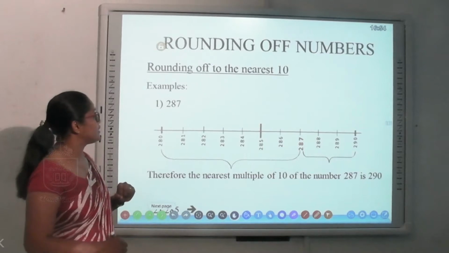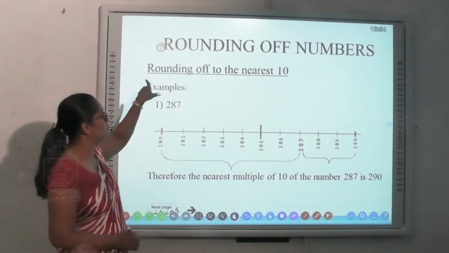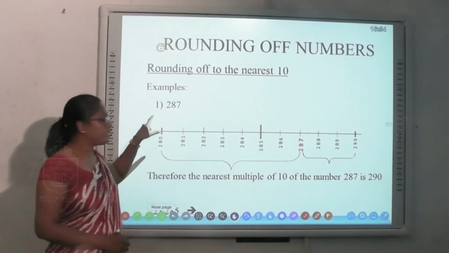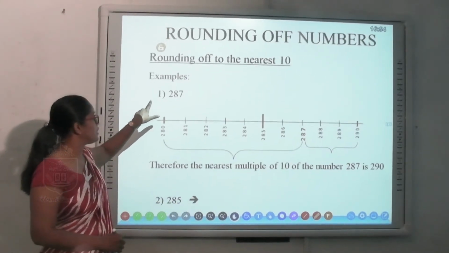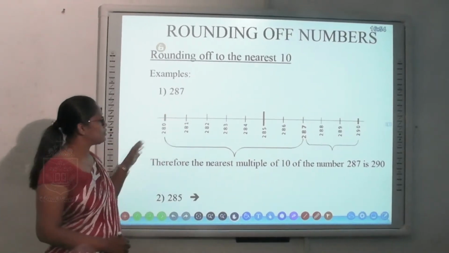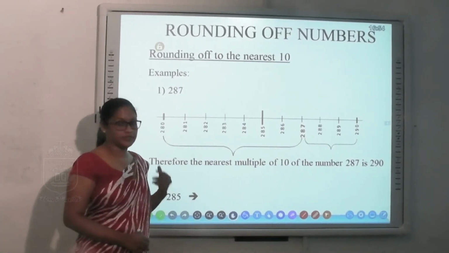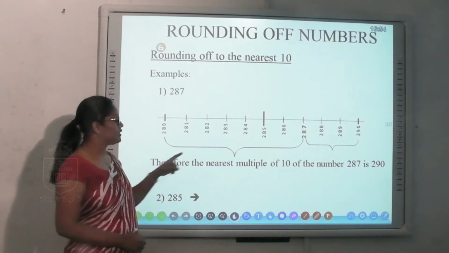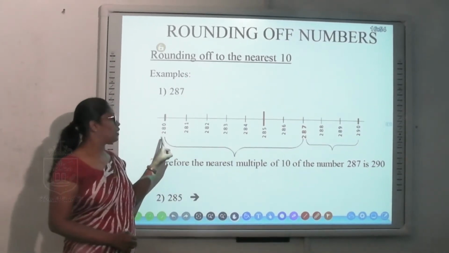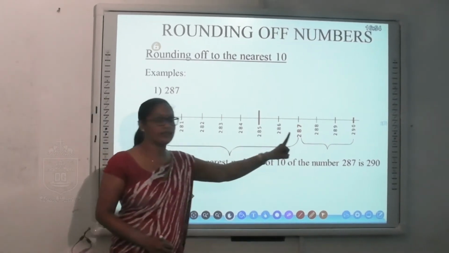We'll start by rounding off numbers to the nearest 10. The first number I have taken is 287. Using this diagram I'm going to explain that. You can see that 287 is in between 280 and 290.